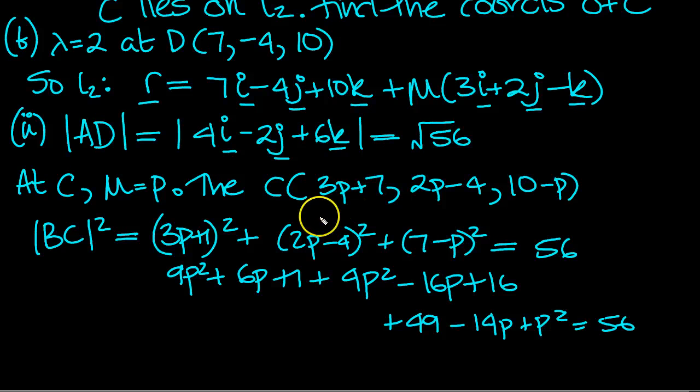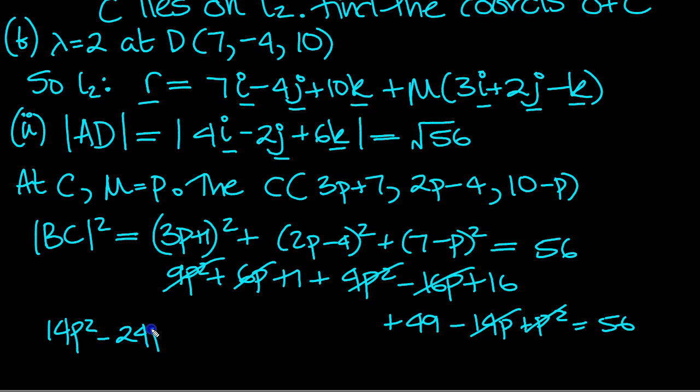Okay, so we need to solve for p, and then we can work out the coordinates of C. 9p squared plus 4 plus 1 is 14p squared. Then 6p minus 16p minus 14p is minus 24p. Then 1 plus 16 plus 49 is 66.